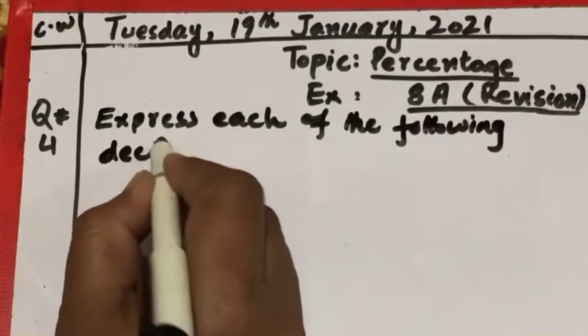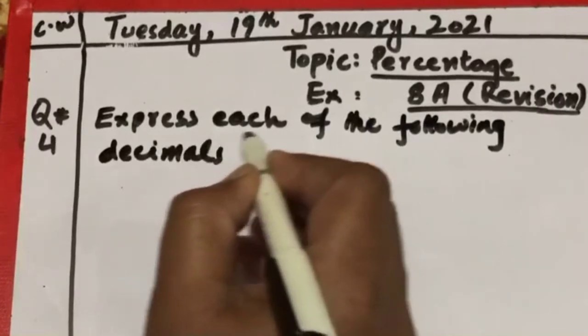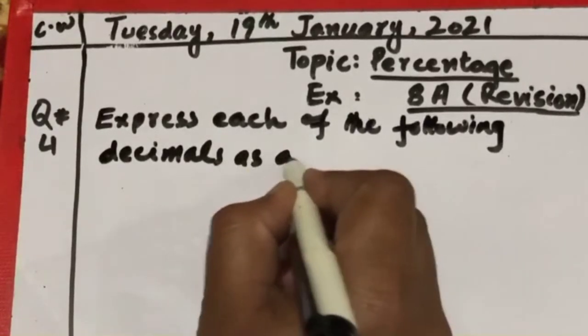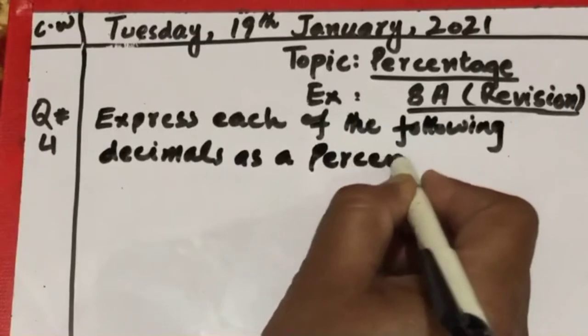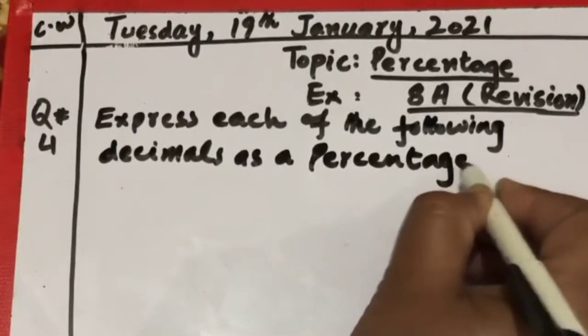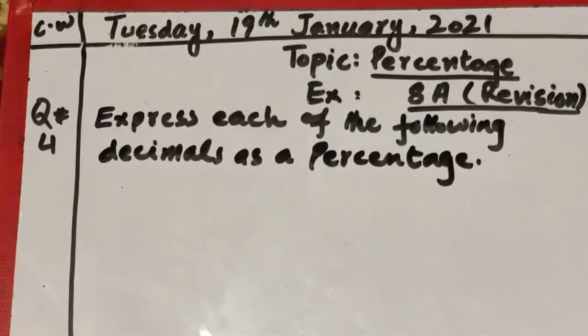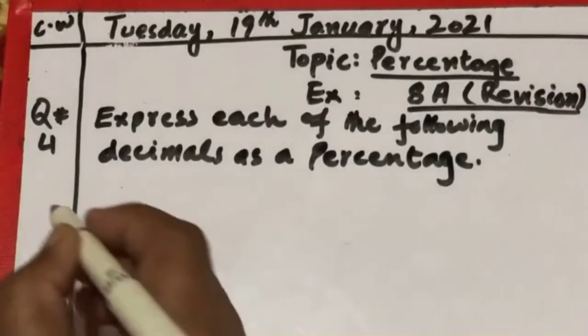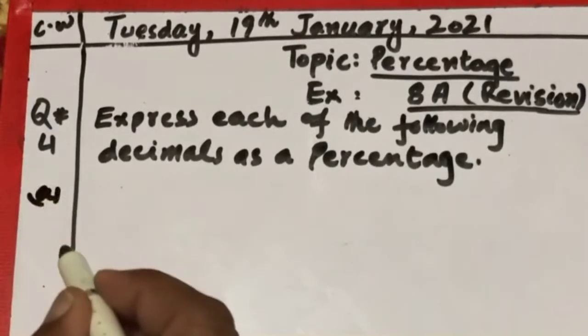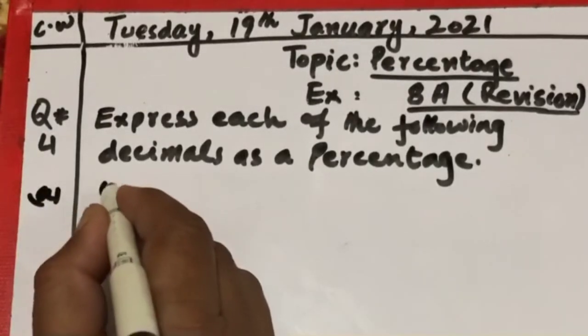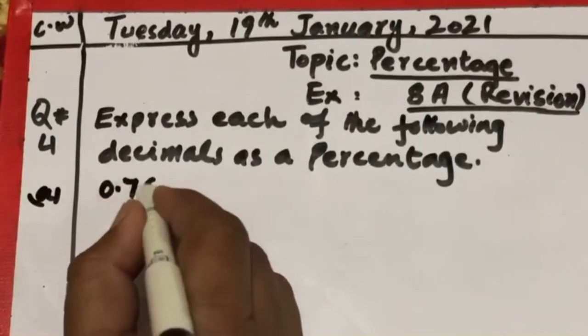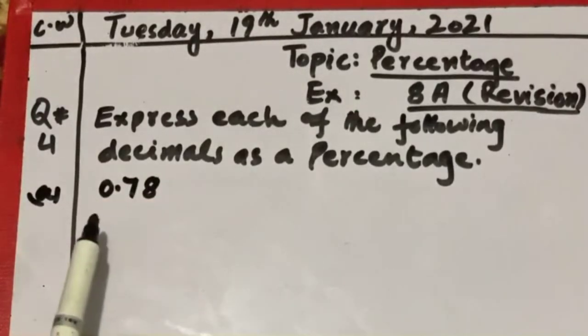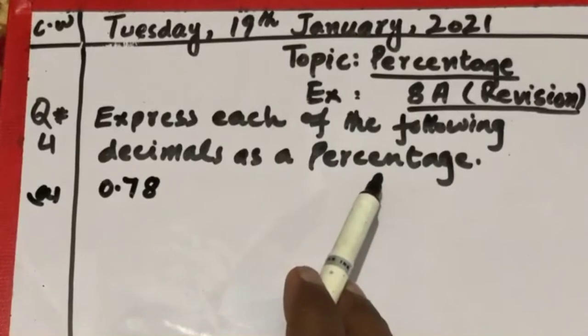So in question number 4, we have to express the following decimal numbers as percentages. The first part, 4a, is the decimal number 0.78. We have to convert it into a percentage.